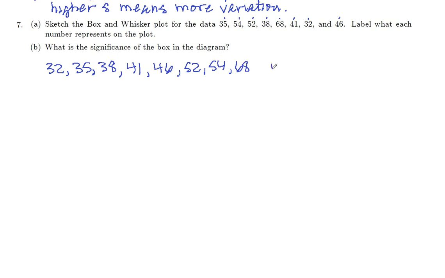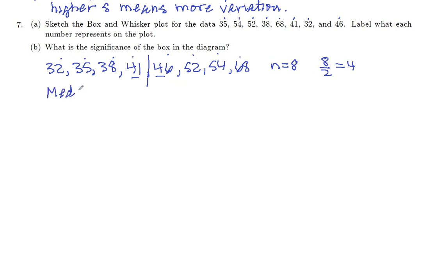So n equals 8. That's even. That means there's 2 middle values. So you take 8, divide by 2 is 4. So half the values are below the median, half above. So 1, 2, 3, 4. So our dividing line is there. Down from the top, 1, 2, 3, 4. So we've got 2 middle values, 41 and 46, and for the median, we're going to average those.